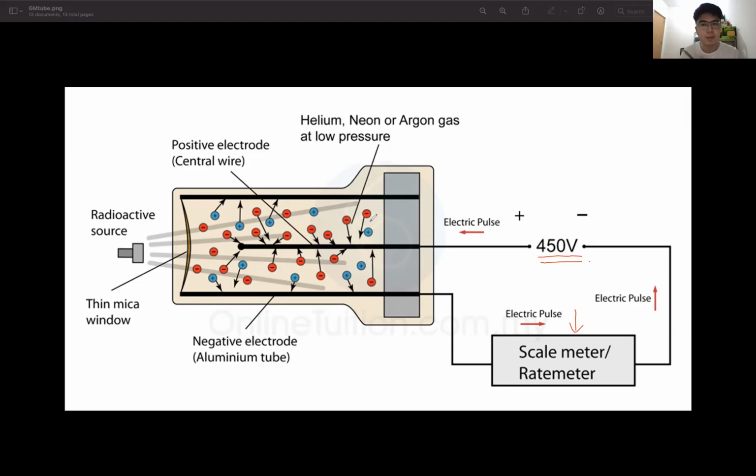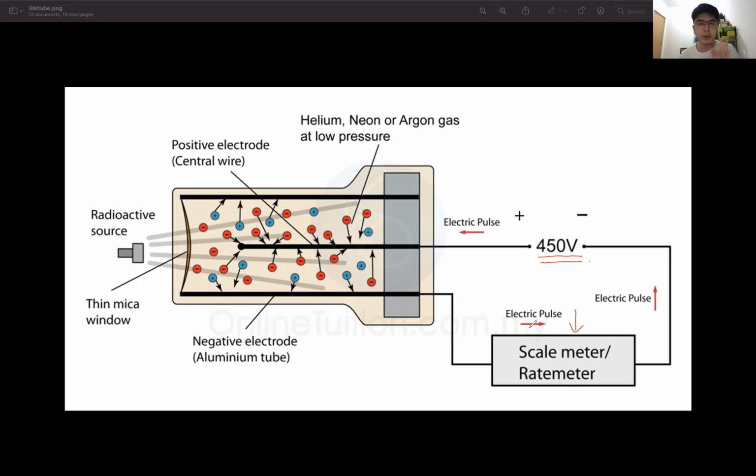It's a few thousand for sources that are very radioactive. They can emit up to a few thousand emissions in 1 minute. So that is why we need a scale meter or a rate meter to help us count how many emissions in that 1 minute.